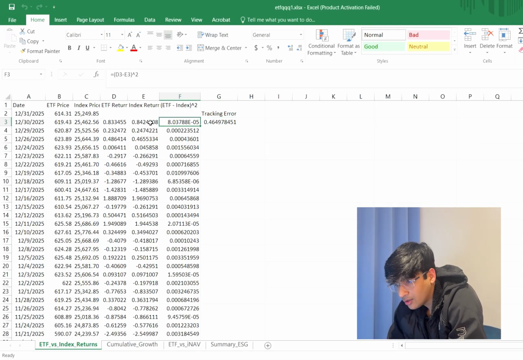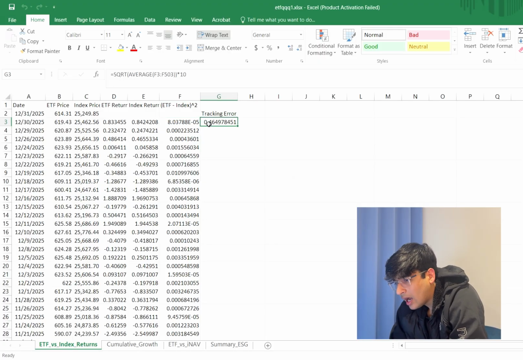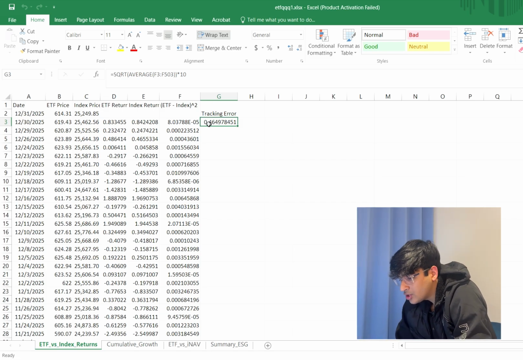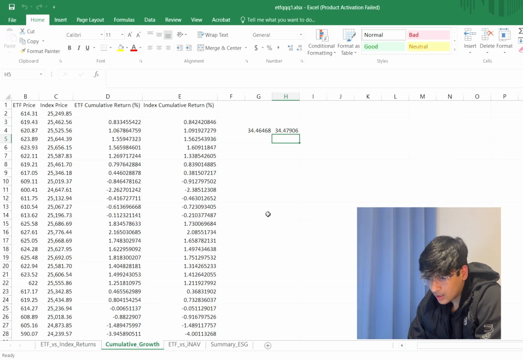You can clearly see the formula here. First, I calculated ETF returns, then the index returns. Then I squared both the values and found the tracking error. The tracking error was very low, around 0.46, which is excellent replication compared to the index.